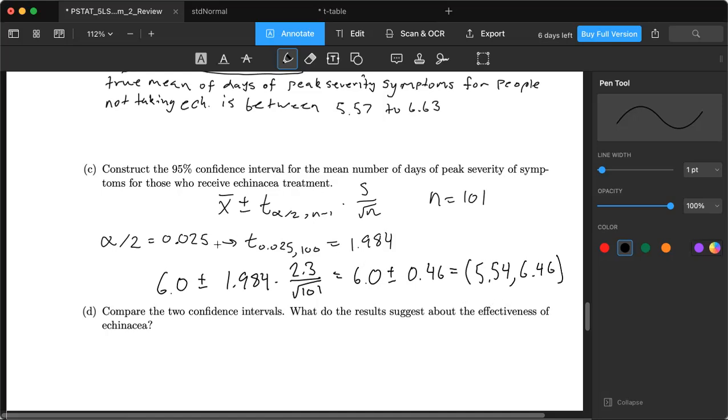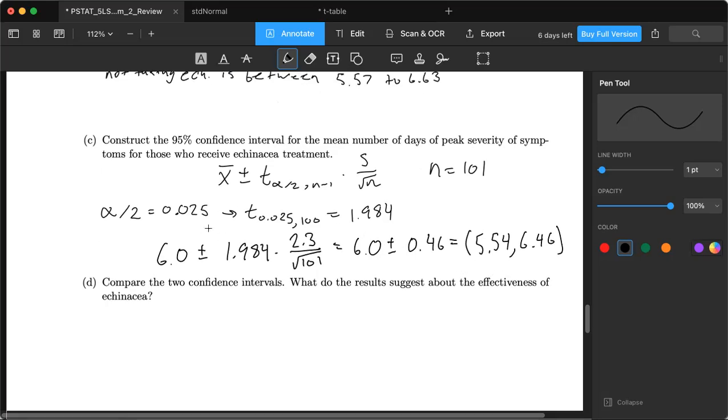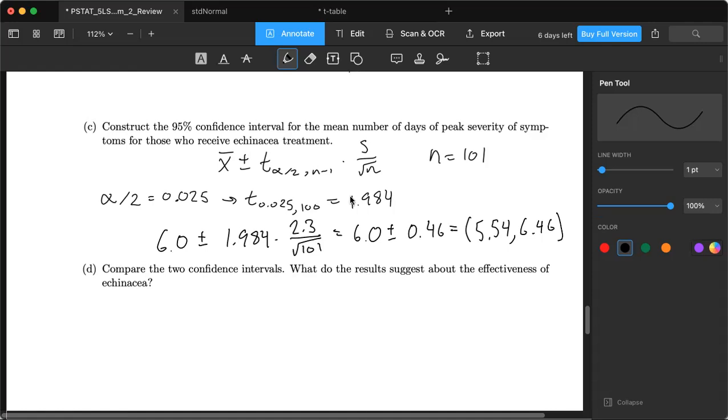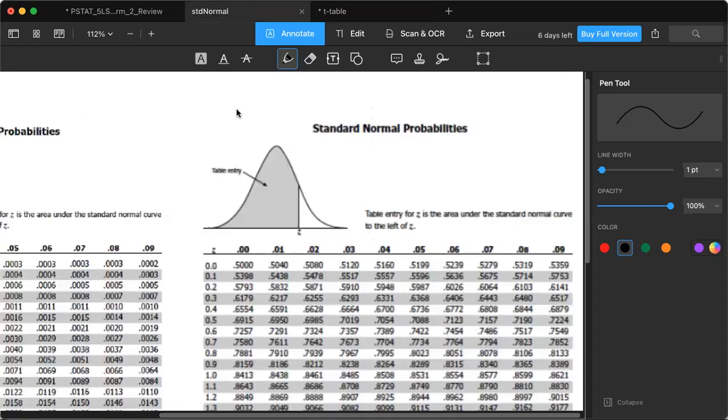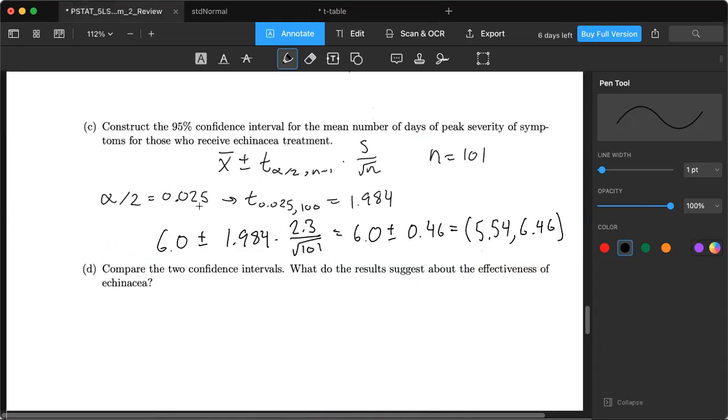And now what we say, somebody asked how do we get the value of 1.984 again. So the 1.984 on this t table here was because alpha was 0.05, alpha over 2 is 0.025, and n minus 1 is 100, and n minus 1 is the degrees of freedom.